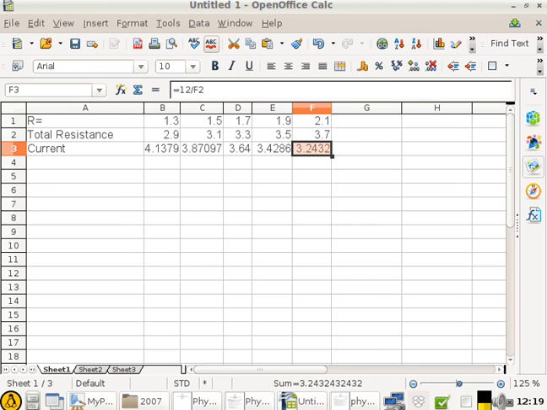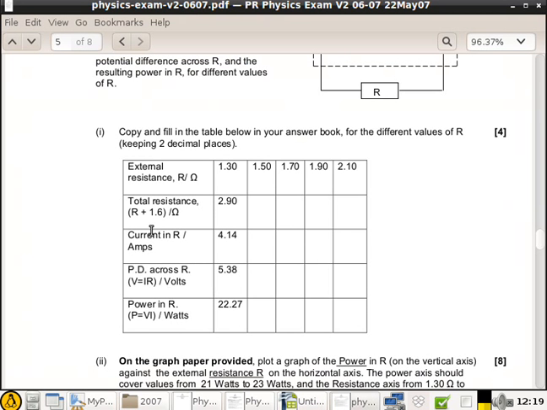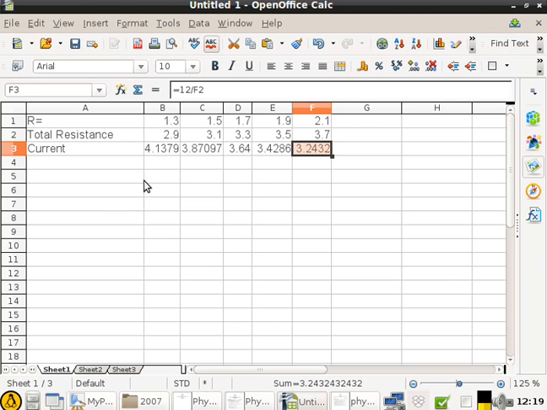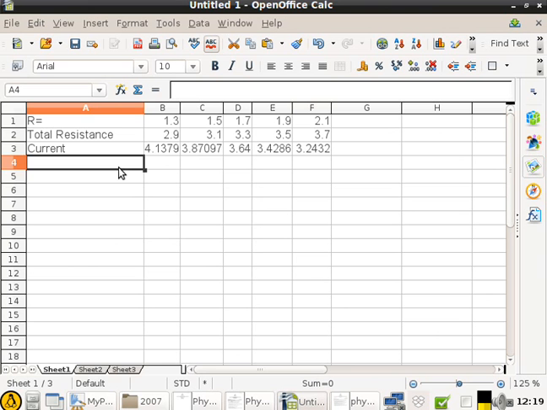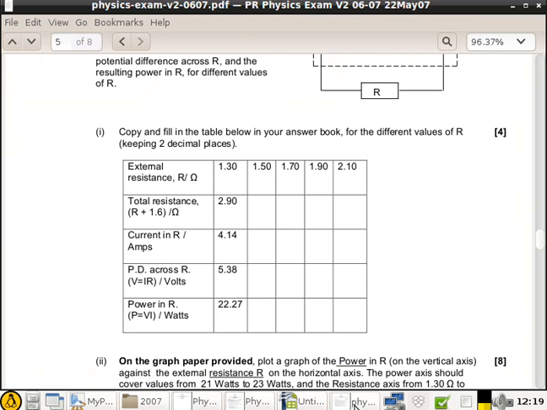Okay. Next, the potential difference, V equals I R. So the voltage across which one? Across the big resistor or the total resistance? No, the big one. That's that R up there.